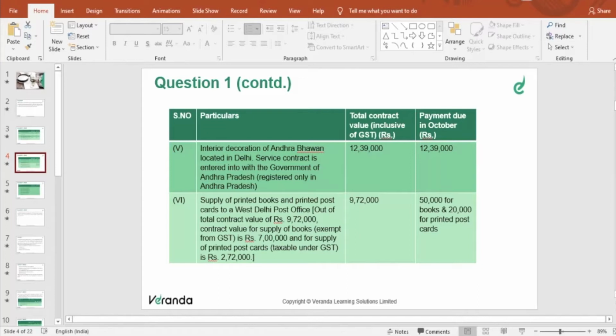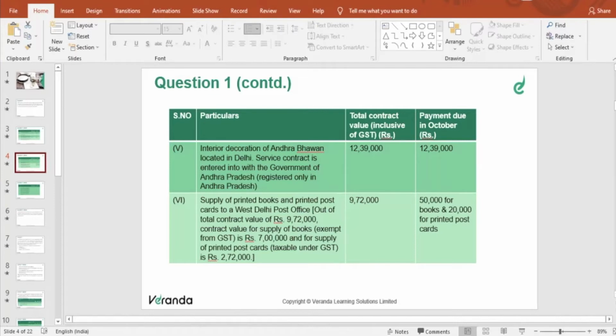Now, there is a proviso of section 51 which says that when the service provider and the place of supply are in a different place from the service recipient's state, at that point of time, section 51 will not come in.